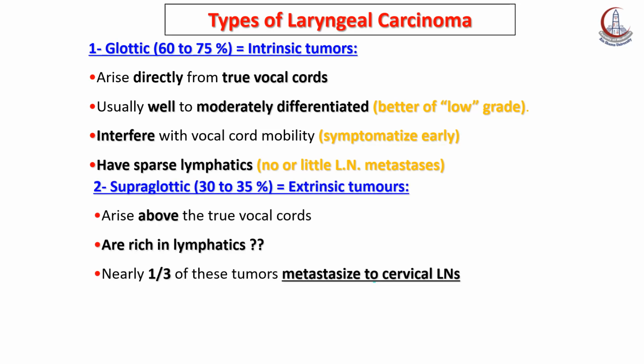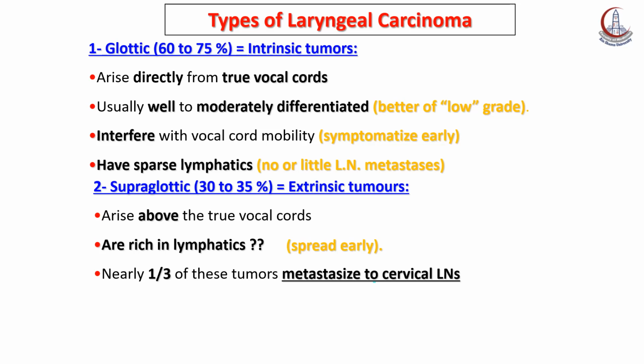The second type is the supraglottic type, accounting for 30 to 35% of the cases. We call it extrinsic tumors. It arises above the level of the true vocal cords. This area is rich in lymphatics, so the spread is very early.